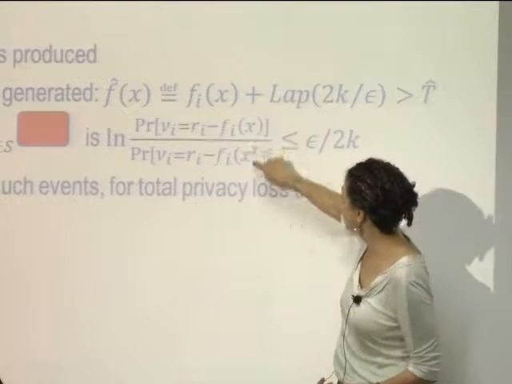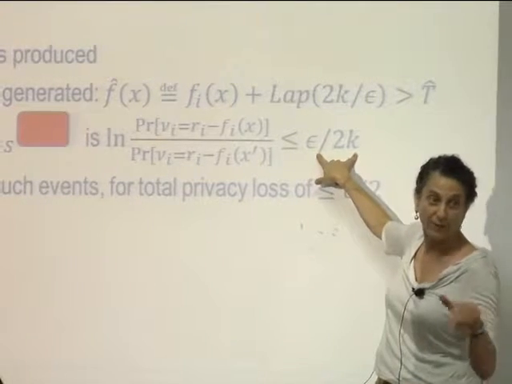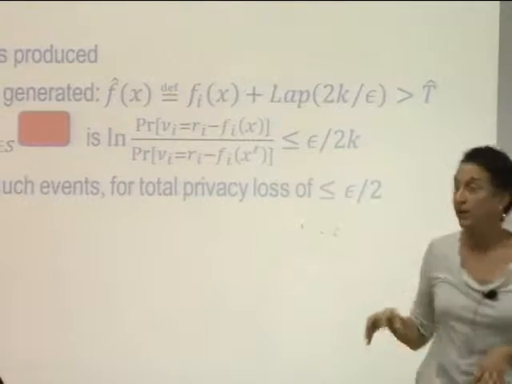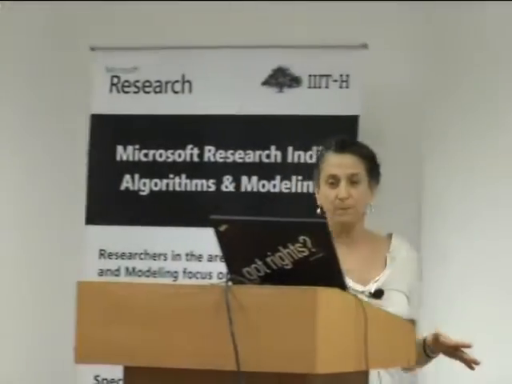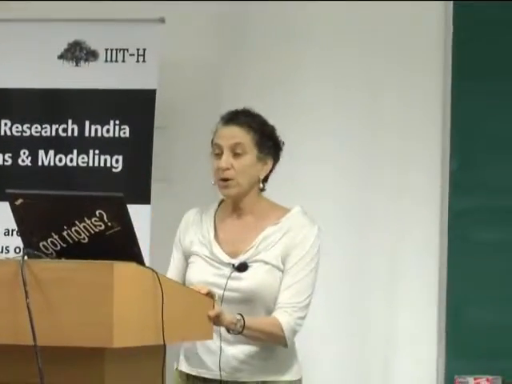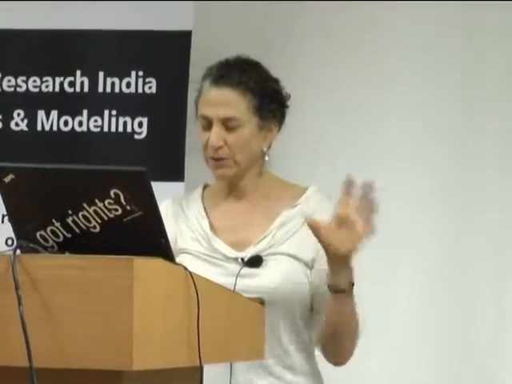Since these two numbers can differ only by 1, we get the epsilon over 2k from the fact that sigma is scaled to 2k over epsilon. So that's the usual thing. Just add them all up. There are at most k such events, so the total privacy loss is epsilon over 2. That's not the interesting case. That's the stuff you already know how to deal with.